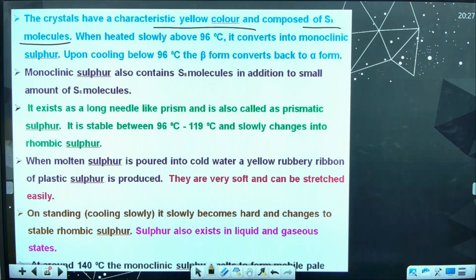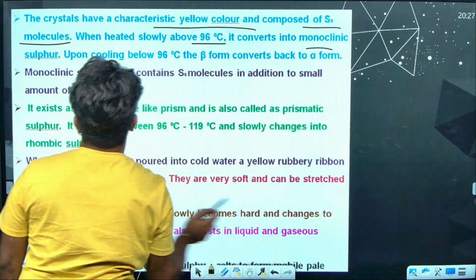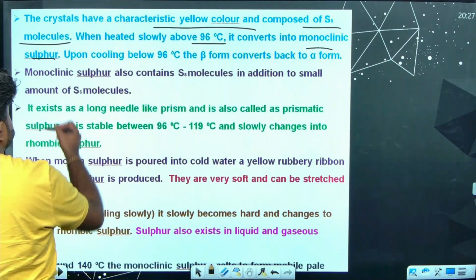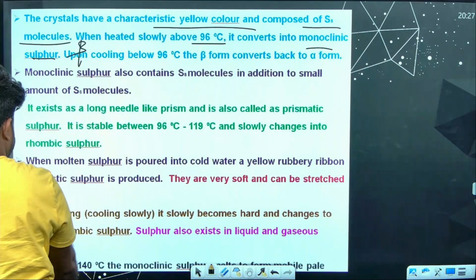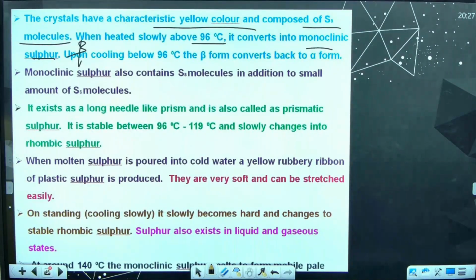And when it is heated slowly above 96 degrees, it is converted to monoclinic sulfur, which is nothing but beta sulfur, right? Monoclinic sulfur is otherwise called beta sulfur.